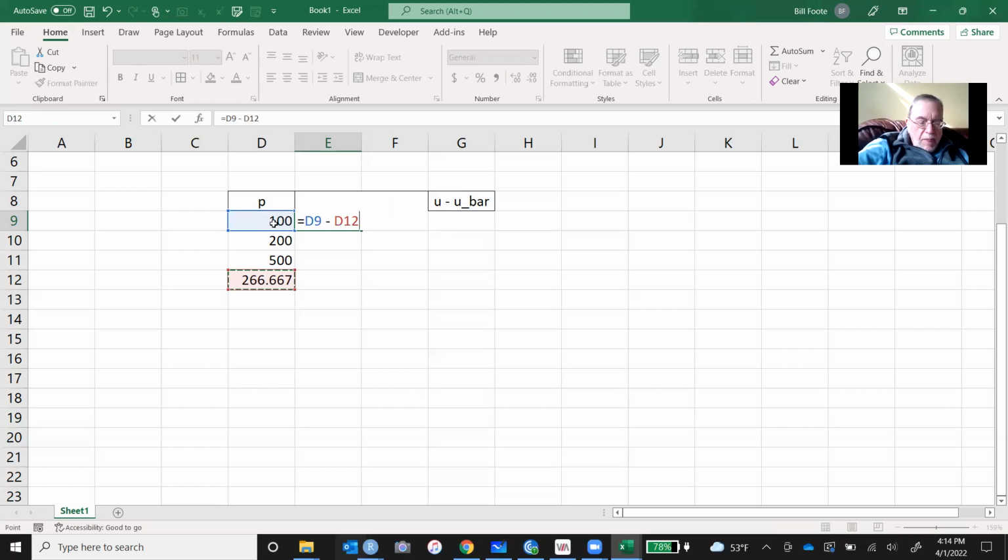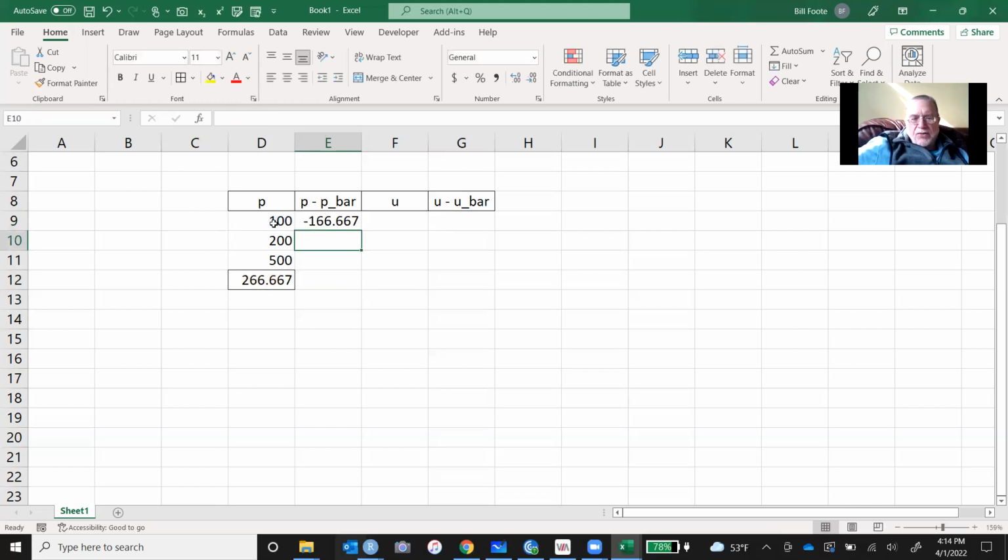Now we can compute the deviations. There's P bar. When you do something like this, don't forget what I just did, which is make that a frozen object. So 100 is obviously below the mean, as will be 200. 500 we know will be above the mean by so many units.